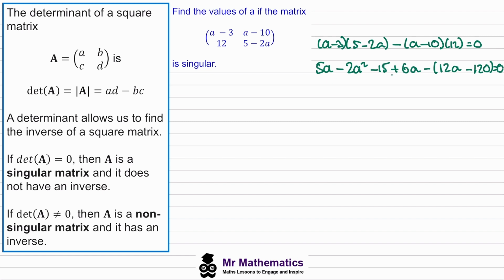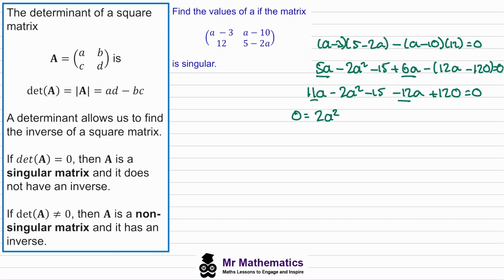We'll tidy up this left-hand side. So we get 5a add 6a minus the 2a squared minus the 15. We'll expand out this bracket, negative 12a, and then plus 120. So now because the coefficient of the a squared term is negative, I'm going to move all these signs to the right-hand side. So 0 will equal 2a squared.